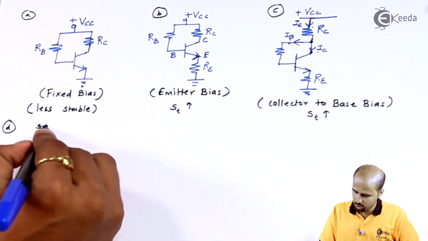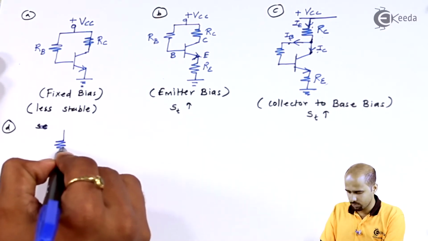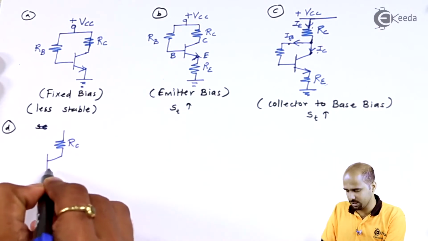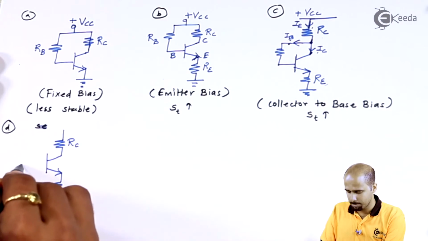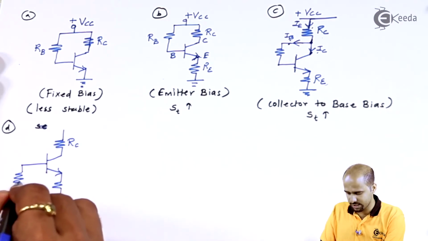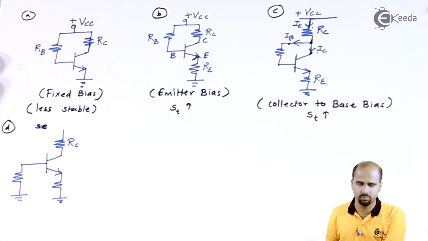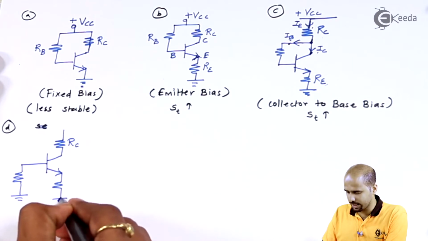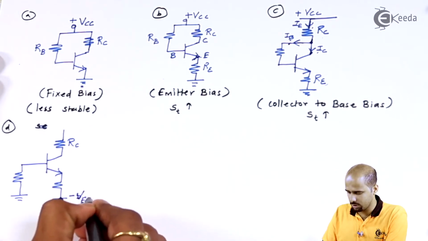Here we will draw the self bias circuit where RC is directly connected to the BJT, the emitter is connected to the emitter resistance, but the base is connected to a resistance and connected to the ground. This can be connected to the negative power supply, that is minus VEE.